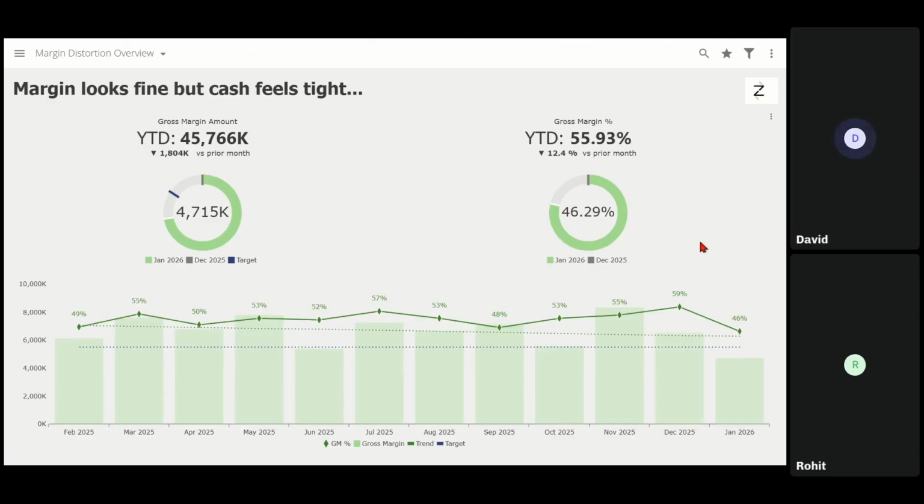But if we stop here, and this is the main narrative of this topic, we would assume that the performance is healthy, right? But the problem is that traditional margin analyses, like this one we're analyzing here, are isolated. And when they are isolated, they can actually hide business reality, right?